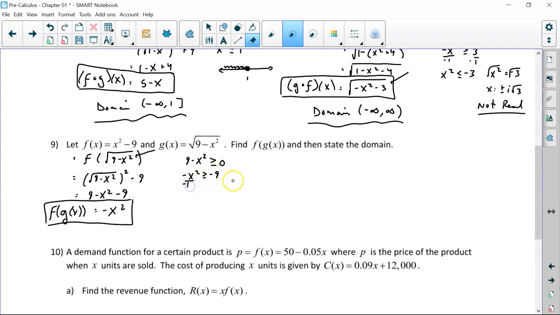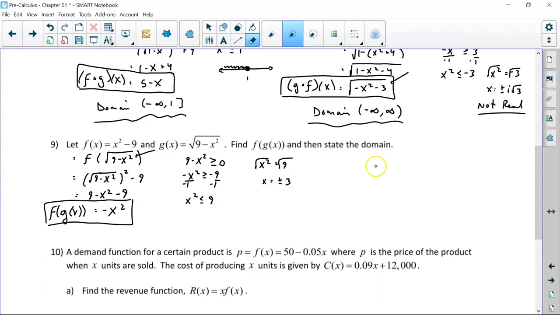Divide both sides by negative 1, and that gives me x squared is less than or equal to 9. Now it is a quadratic inequality, so I'm going to treat it as x squared equals 9 for right now. I'm going to solve that. Take the square root of both sides, so you get x equals plus or minus 3.